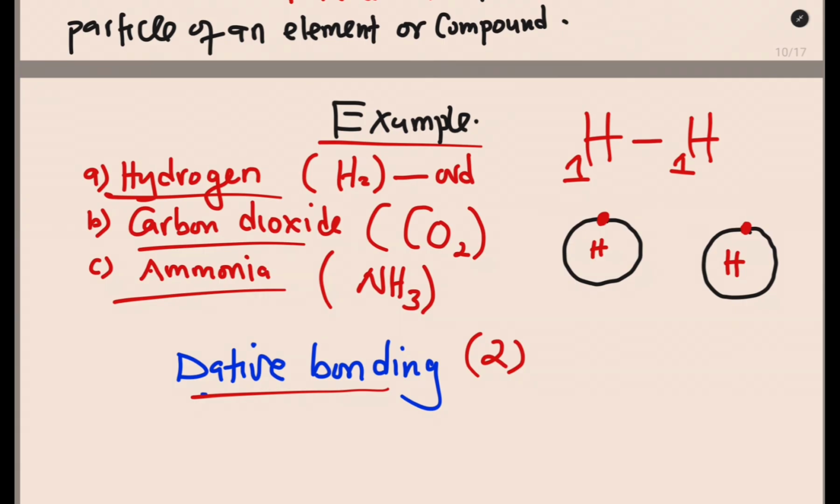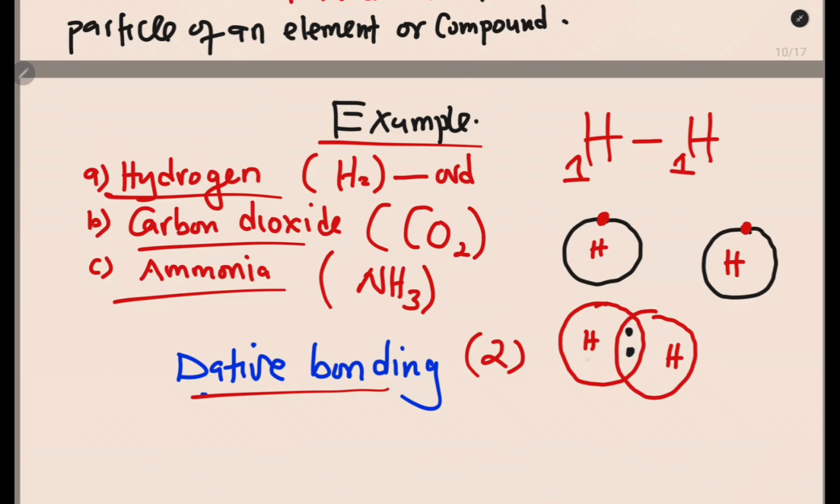So atoms of hydrogen will share what they have. This one has 1, this one has 1. When they put them together, it makes 2, and that is stable. So how do they share? They come together like this. You just draw the outside shell, or outermost shell. Another hydrogen here. The electrons that they have come in between here.